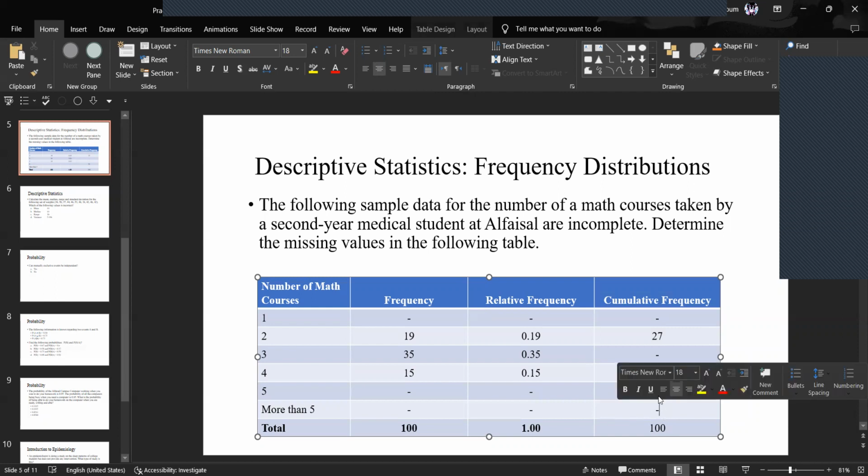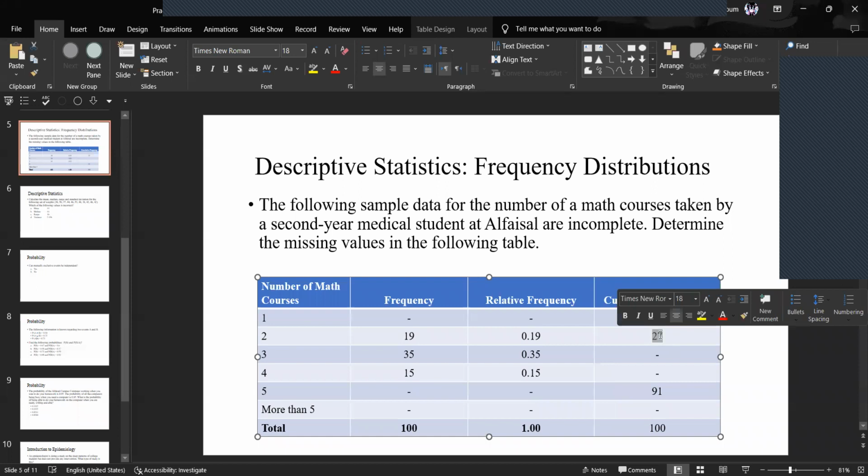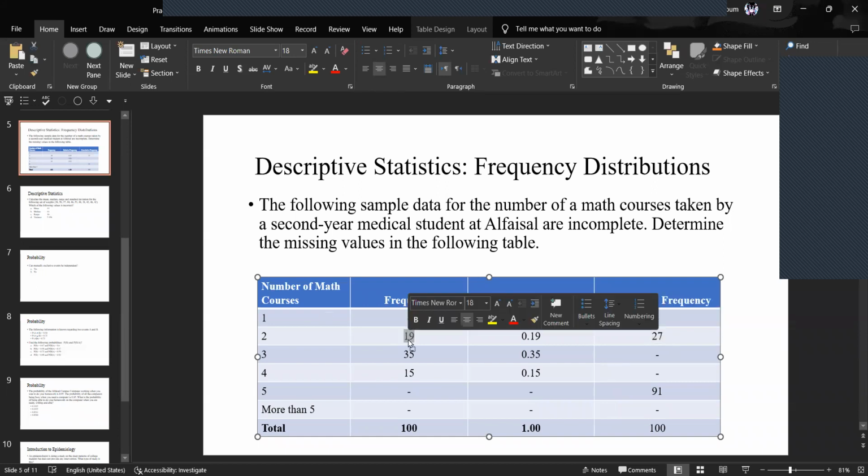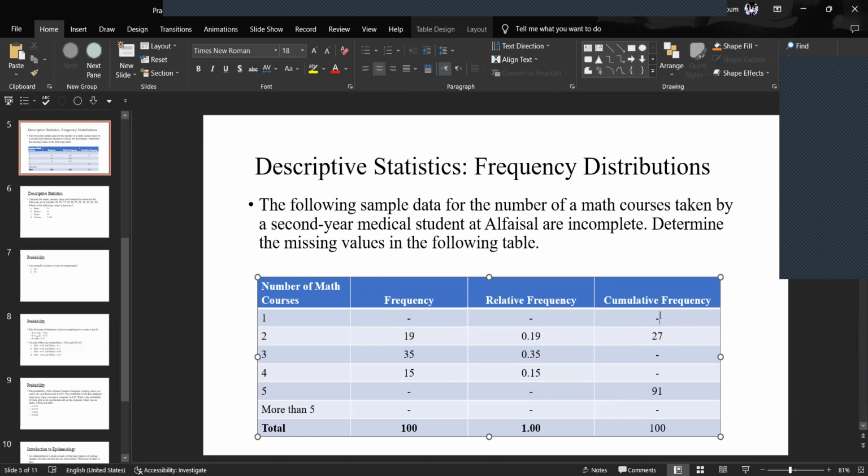First, we have 27 people as our cumulative frequency, and we have 19 people in this group. So the previous group would have had to have 27 minus 19, which is 8. Our previous group had a cumulative frequency of 8 and also a frequency of 8, because there's no other group before them. And so their relative frequency is 0.08, which we found by 8 divided by 100.